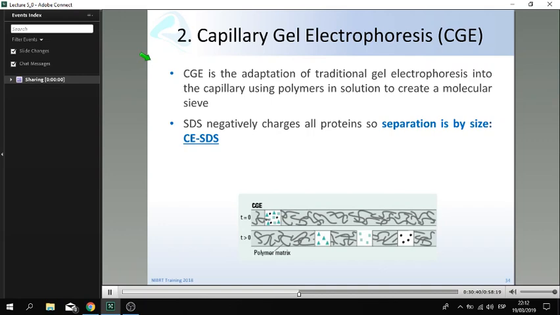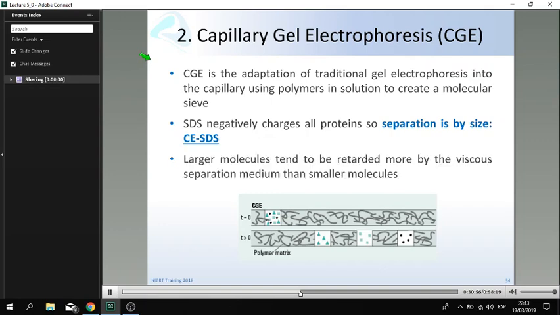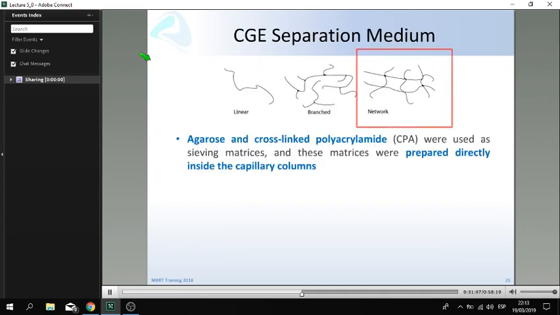Everything will move towards the anode this time, the positively charged electrode, and separation is only by size, because we can ignore charge given the overwhelming amount of negative charge. Larger molecules are retarded more by the viscous separation medium than smaller molecules, so smaller molecules reach the detector faster than larger molecules.